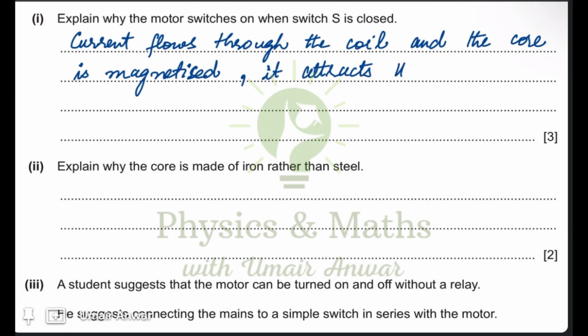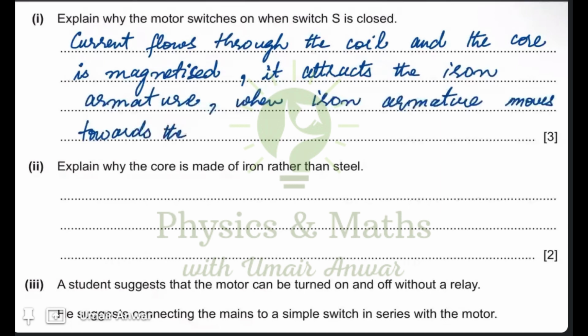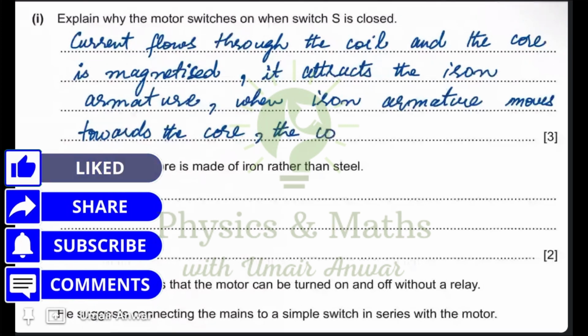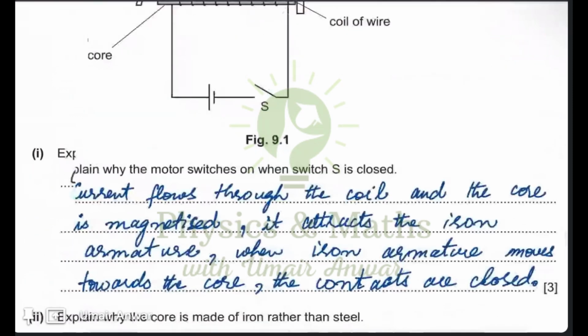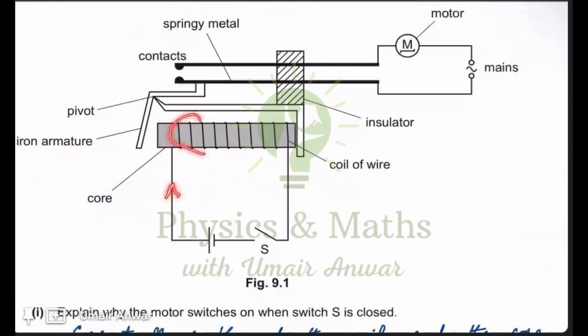When the iron armature moves towards the core, the contacts are closed. So this is how the motor is switched on. Again, when the current flows, the coil and this iron core is magnetized and it attracts the iron armature. When it moves towards the core, then the contacts get closed and the motor is switched on here.